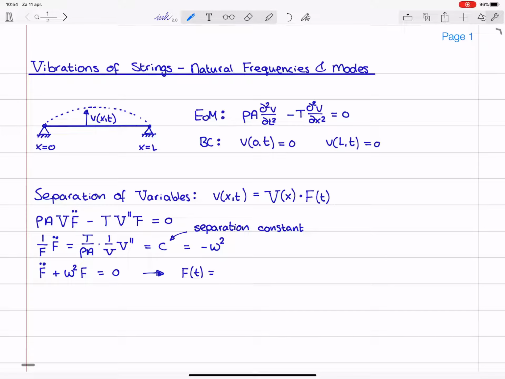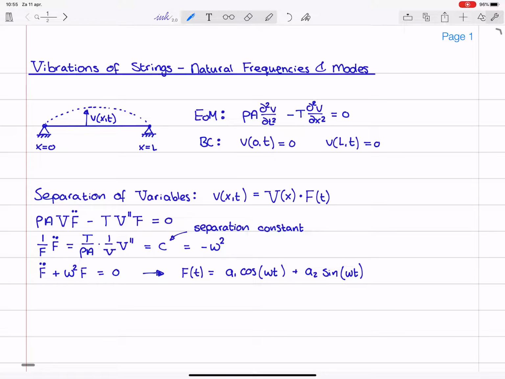So the solution is simply a sine-cosine combination where the argument is omega t. So the solution can be written as cosine omega t and then a function with sine omega t. So from this, I think it's clear why I choose this separation constant to be minus omega squared, as the behavior in time indeed describes vibrations. These are harmonic functions in time.